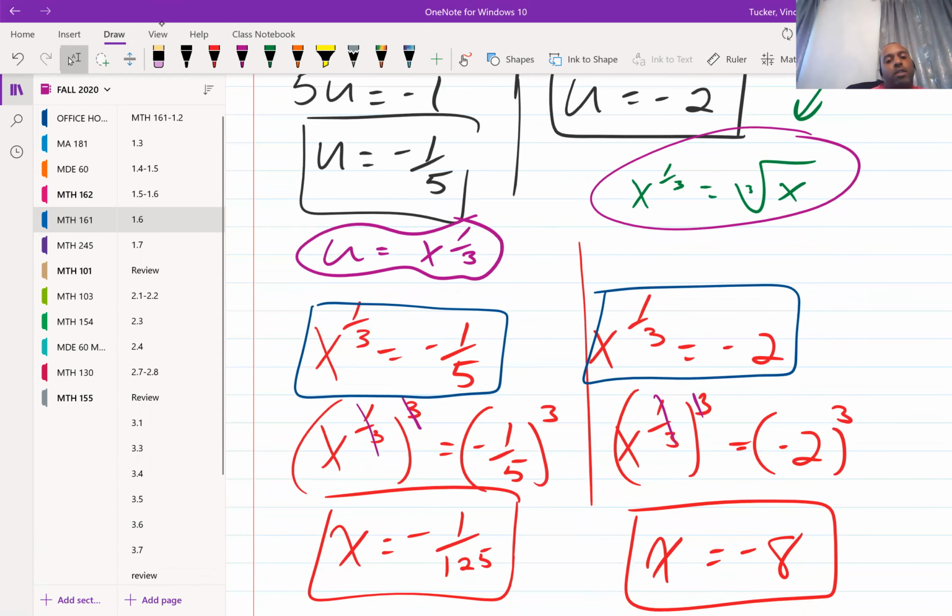Cubing x to the 1/3 cancels out, leaving just x. Negative 1 over 5 cubed is negative 1 over 125. And cubing both sides of the next equation leaves you with x equal to negative 8.